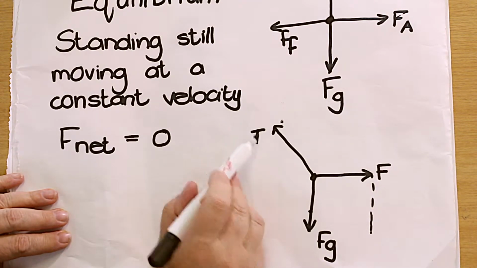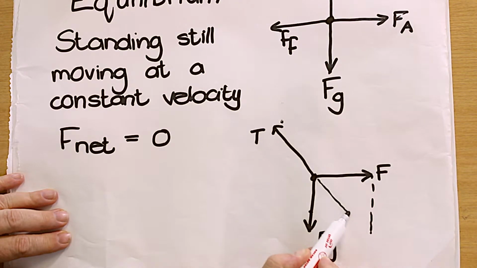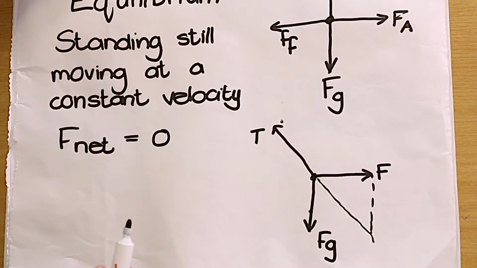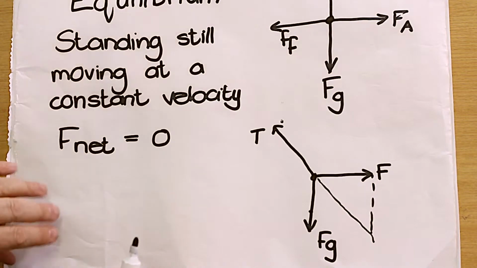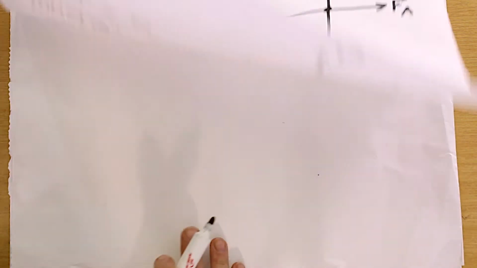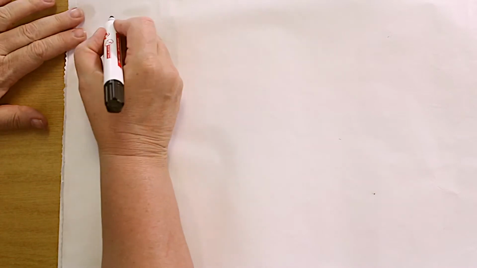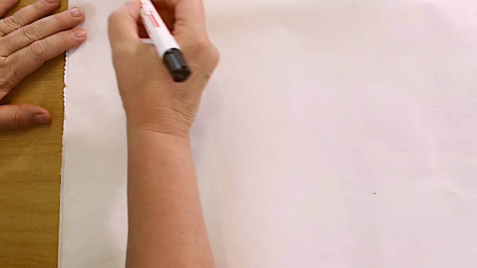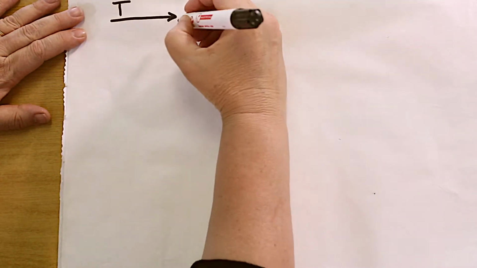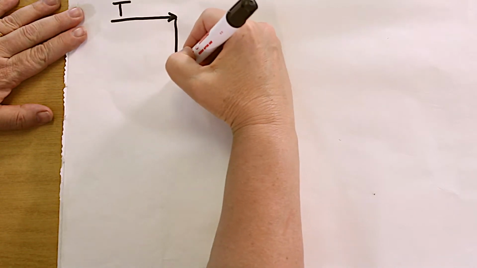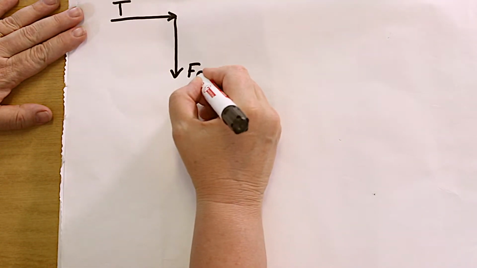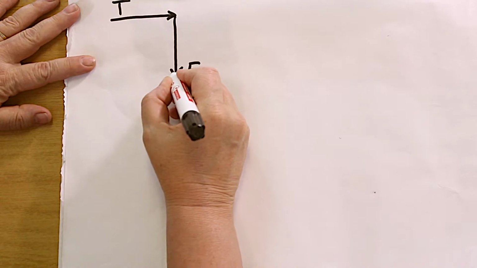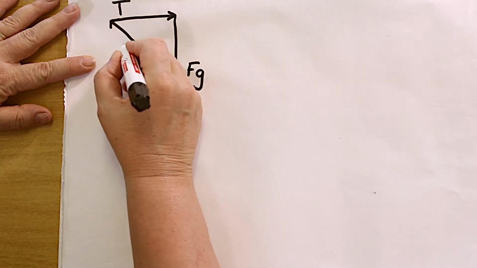I'm going to take tension and I'm going to move it backwards. So let's draw the final diagram for this object. I'm going to have the applied force acting this way. The gravitational force is going to act downwards and the tension in the rope will close this triangle.